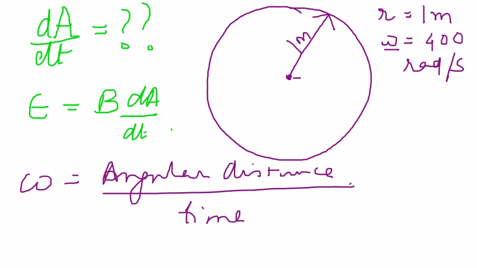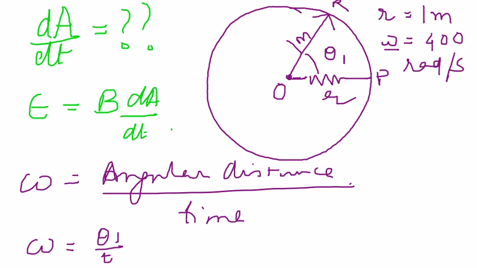We complete the loop by joining O and P through a resistance R. And now if the rod rotates an angle theta 1 in time t, then omega is equal to theta 1 by t.